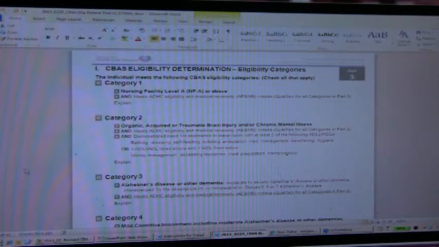Category 1 being the nursing facility level A, which takes into account a lot of different conditions and diagnoses, but there has to be some kind of medical necessity that goes with that, and hopefully you should have indicated that throughout the assessment process and in part 2 in the qualifying criteria.